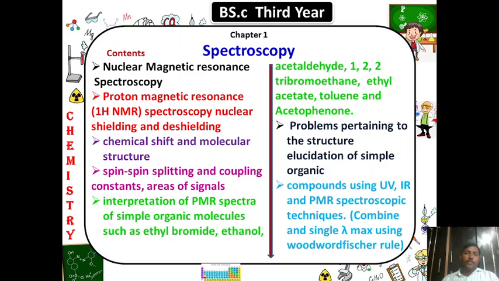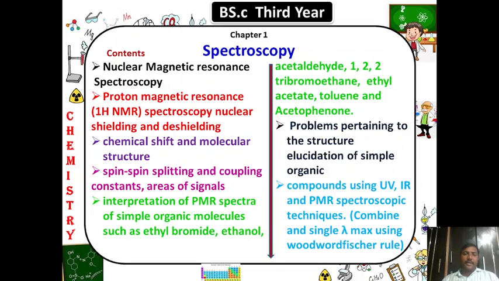In proton magnetic resonance, we see shielding and deshielding of the peaks in the spectroscopy, and this spectroscopy is mainly used for organic molecules. Those molecules are bonded to carbon atoms, mostly organic compounds, with CH bonds.